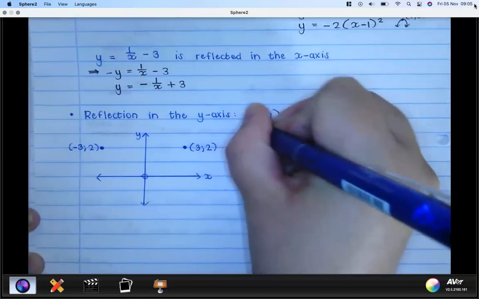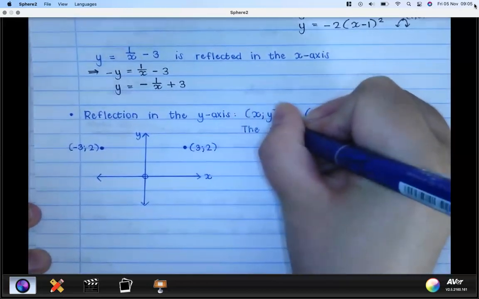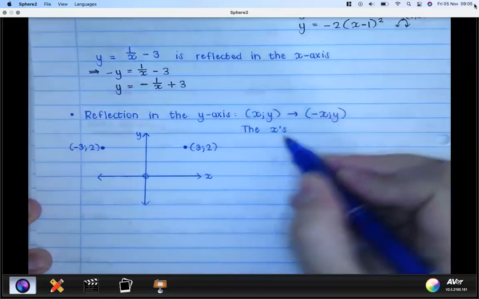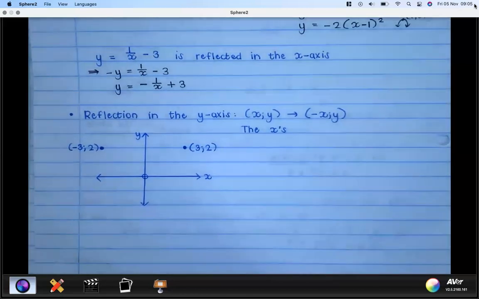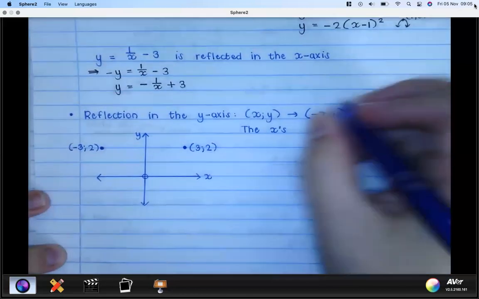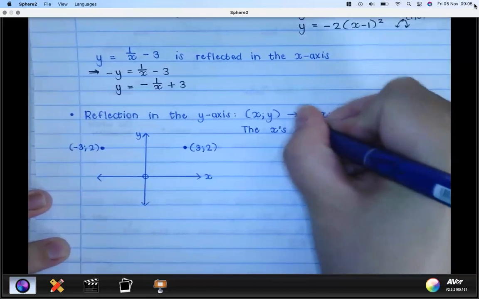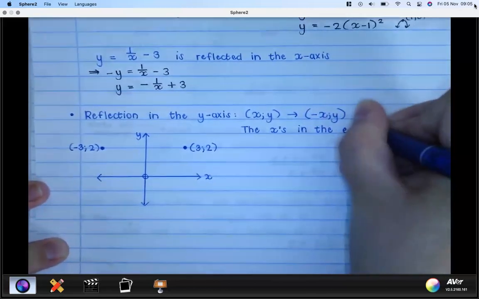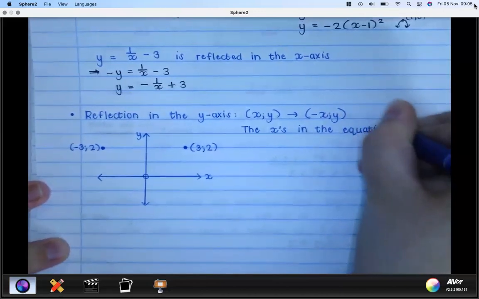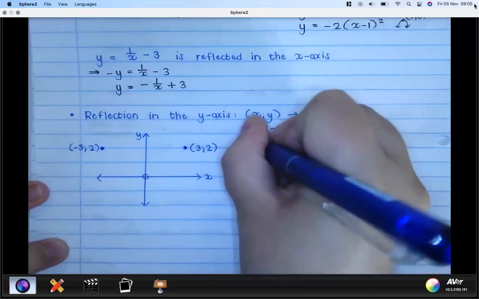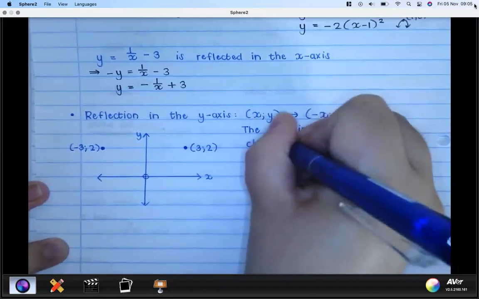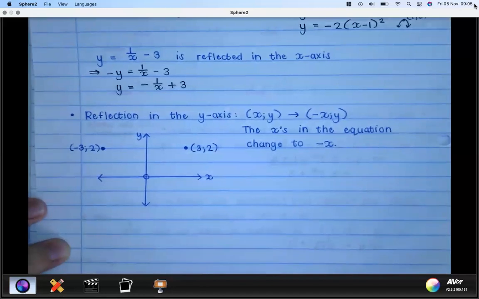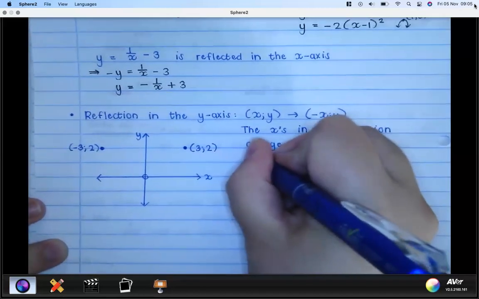All of the x's in the equation, I'm saying x's because often there will be more than one x in an equation, change to -x, and then you'll have to simplify. So let's do an example so that you can see.